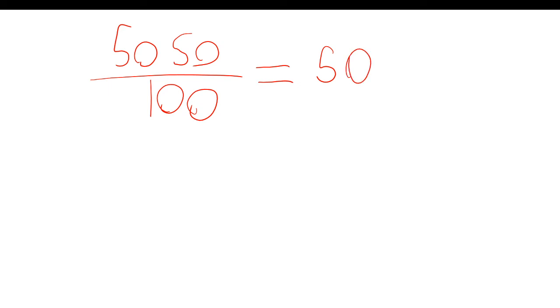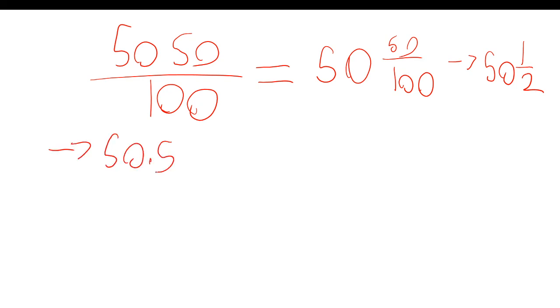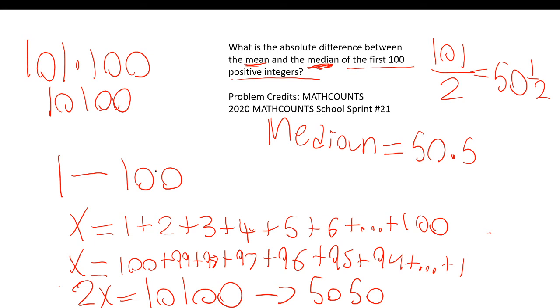So I'm going to have a 0 over here, since 100 goes into 50 0 times. And then I have a remainder of 50, and this is a mixed number of 50 over 100, which is 50 and 1/2 as a mixed number. I'm not going to rewrite this as a decimal, it's 50.5. So we have the mean, 50.5. This was awfully convenient.